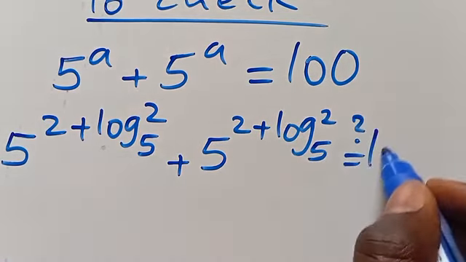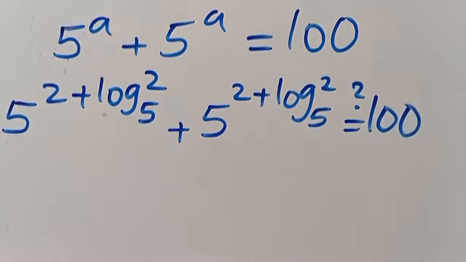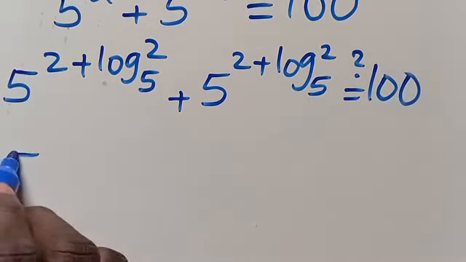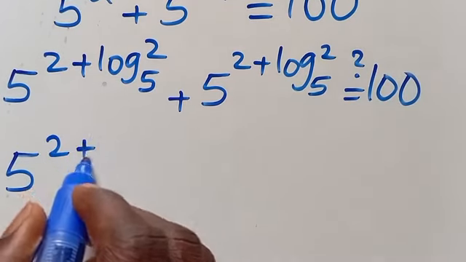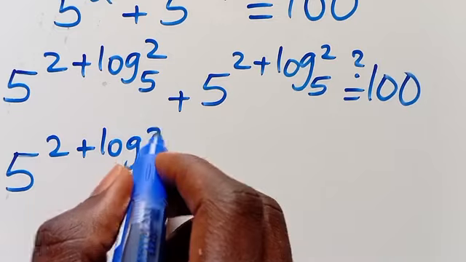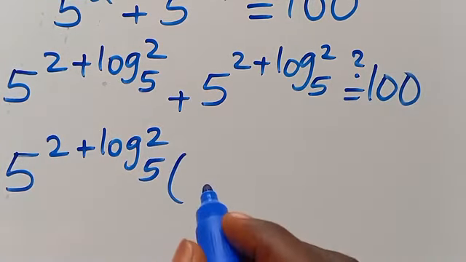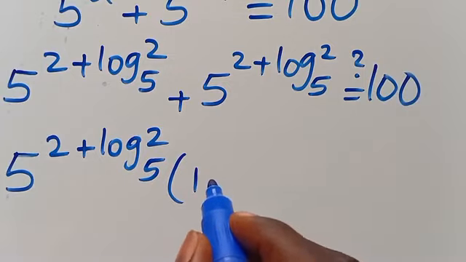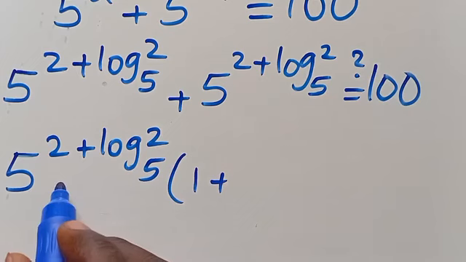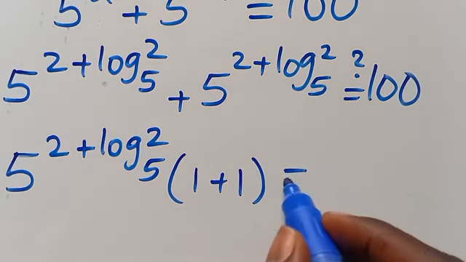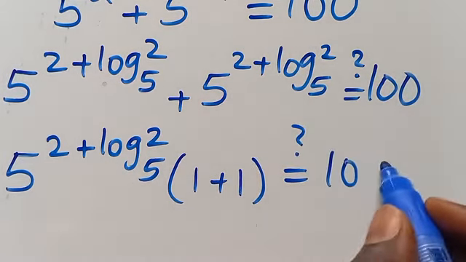Then it's going to give us 100. So we have 5 to the power of 2 plus log 2 in base 5 repeated twice, we have to have it as 1. This divided by this will be 1 first. The whole of this divided by this will also be 1. Then it's going to give us 100.